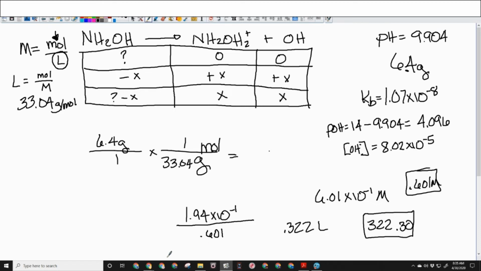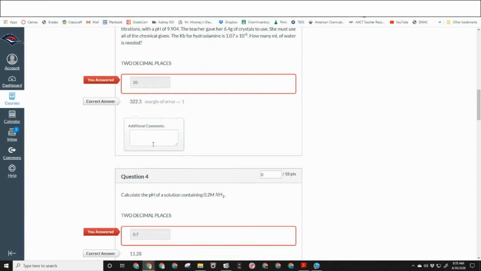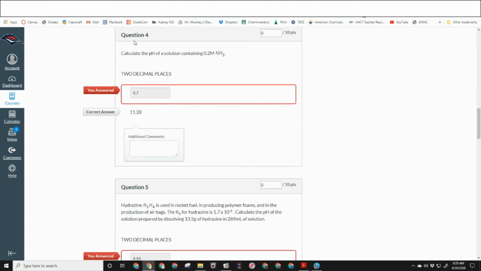Okay. So let's look at our next question. Calculate the pH of a solution containing a 0.2 molar NH3. All right, so this is going to be done the exact same way. You're just given different pieces of information.